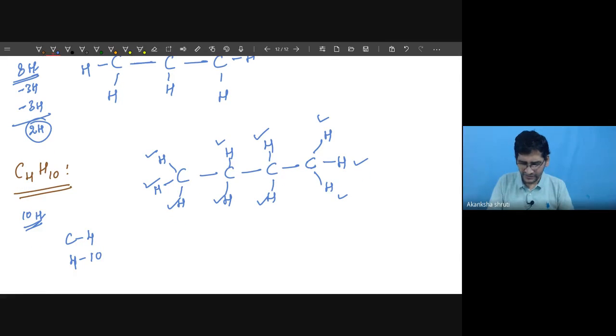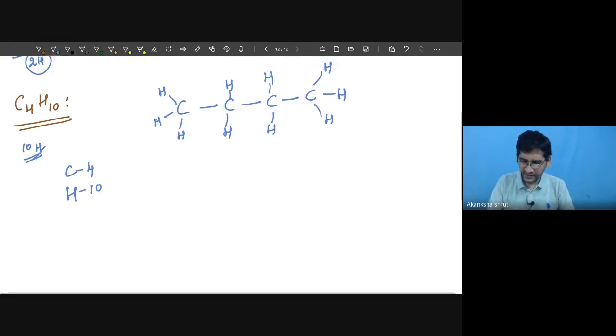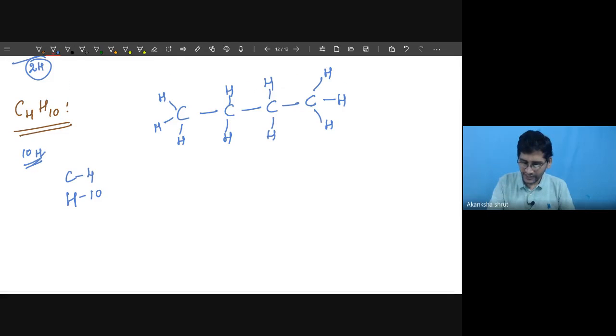So it's okay. So this way carbon and hydrogen are satisfied, means whatever the required condition, it is satisfied. So this structure is correct. But some of our students may think slightly differently. He may think, why shall I put it like this?